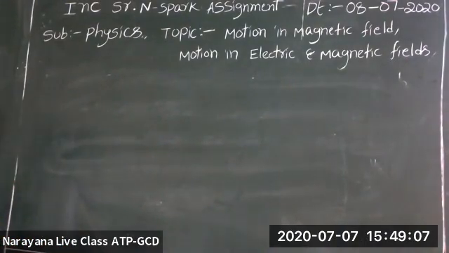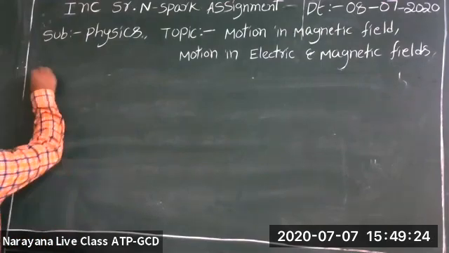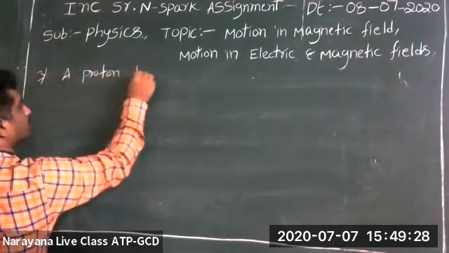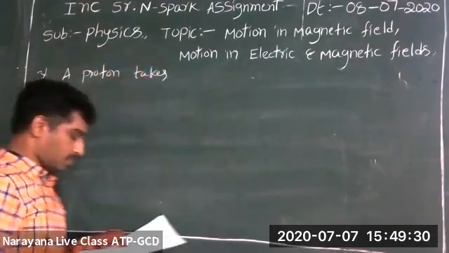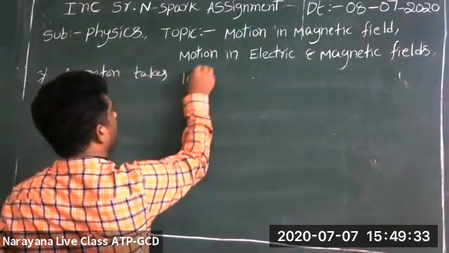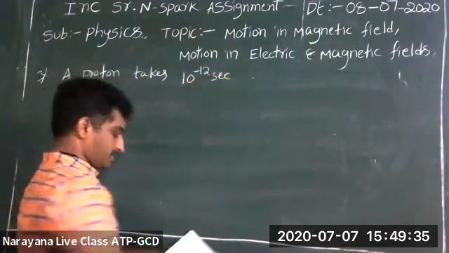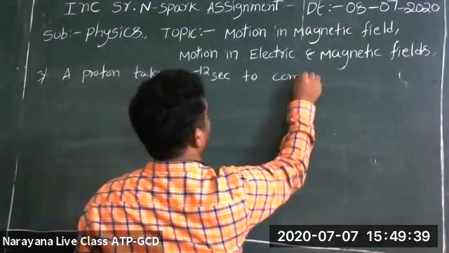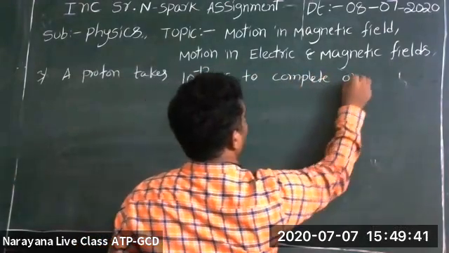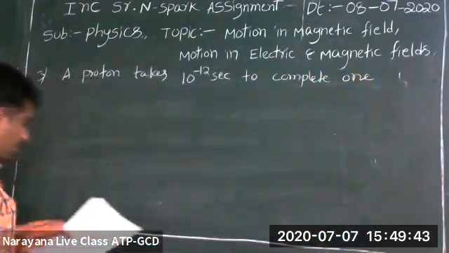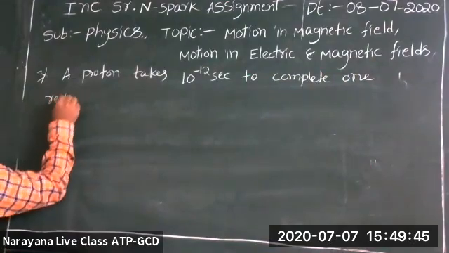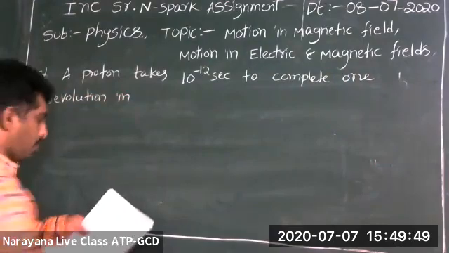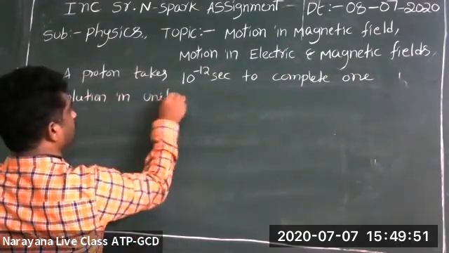A proton takes 10 power minus 12 seconds to complete one revolution in a uniform magnetic field.